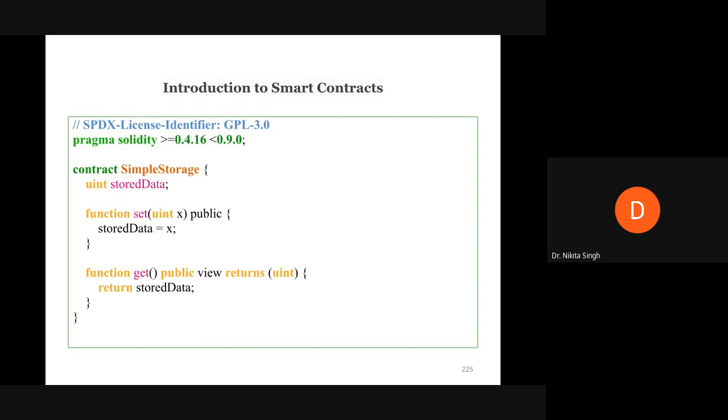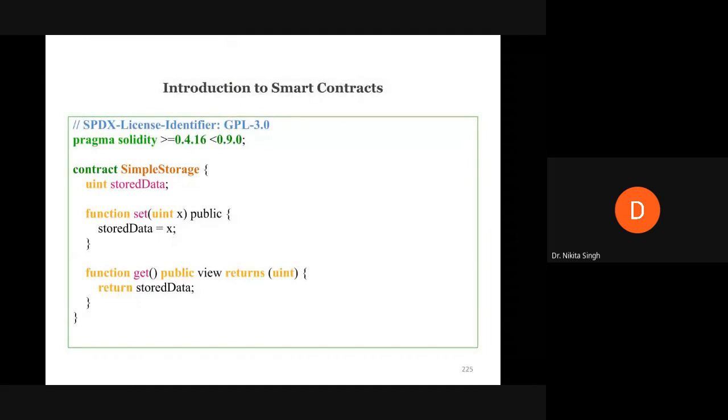Okay, so Pragma is always the first line and it specifies the compiler version that should be used for executing your Solidity file. So this is your Solidity file, which is used to write a smart contract. Now it says pragma solidity greater than equal to 0.4.16 and less than 0.9.0.